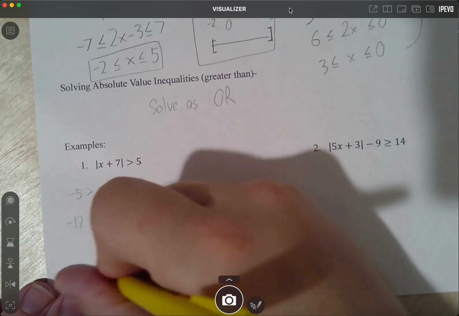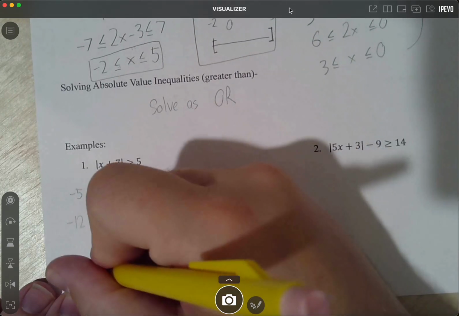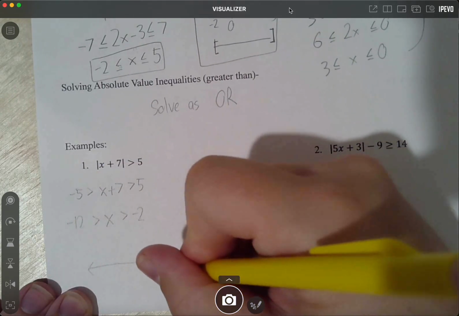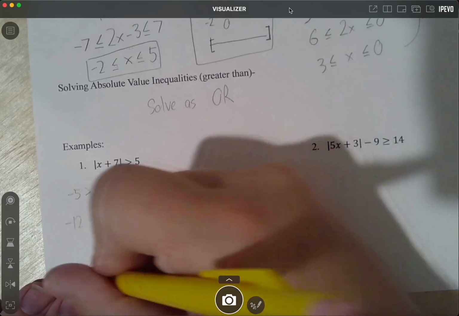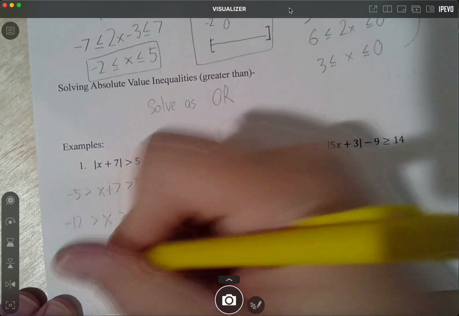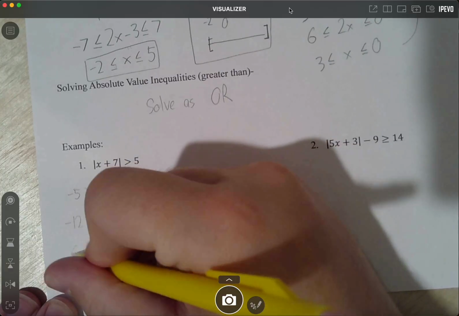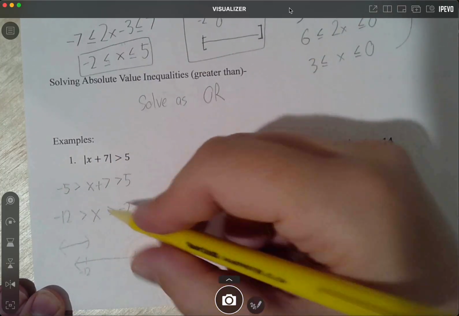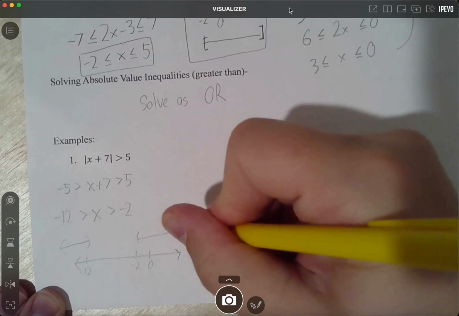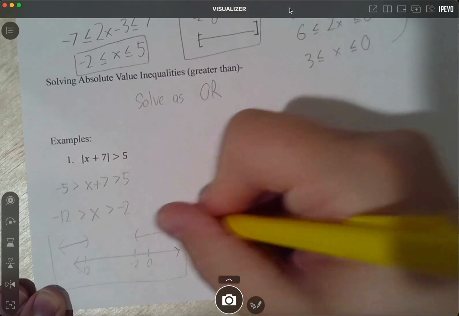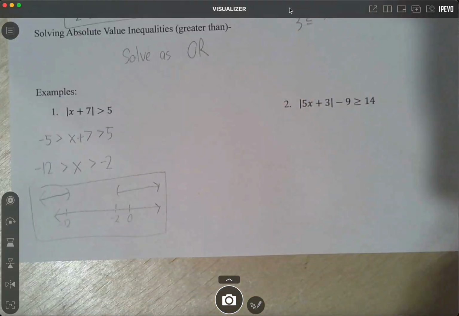Let's graph each of those out really quickly. Here's 0, negative 2, negative 12. X can be less than negative 12, less than. X can be greater than negative 2, greater than. And just remember that, again, for interval notation, that's where you would use a union symbol.